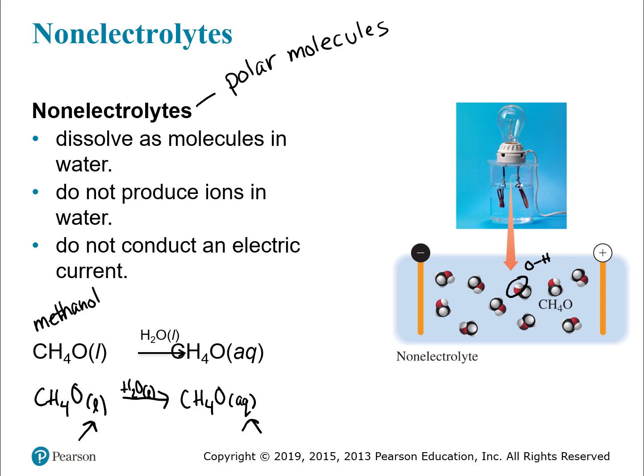You're not going to form any ions, so it would just go from a solid to, let's say you're making lemonade, you add it to water, now it's aqueous. So take note again of what that looks like. You're going from a liquid or a solid to simply being aqueous. Any questions about non-electrolytes?